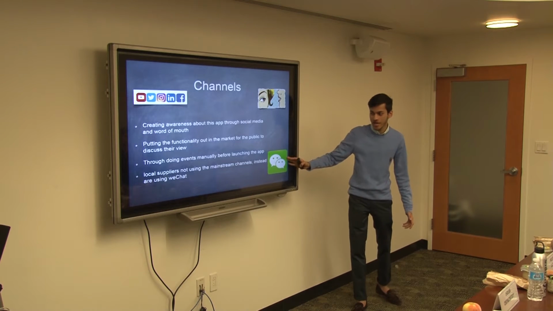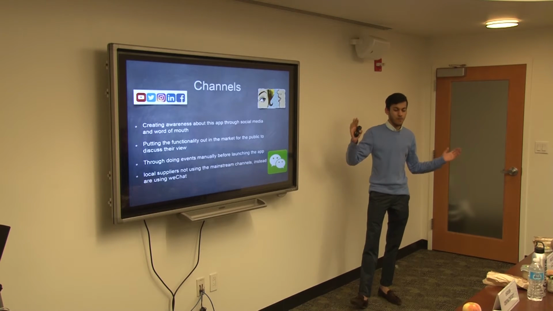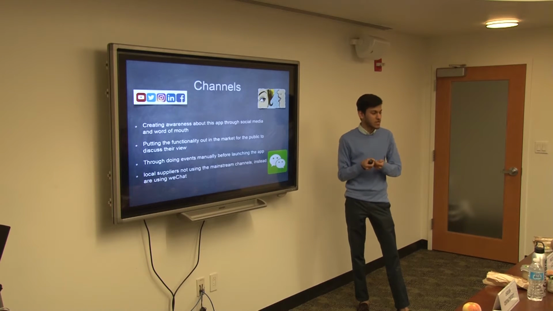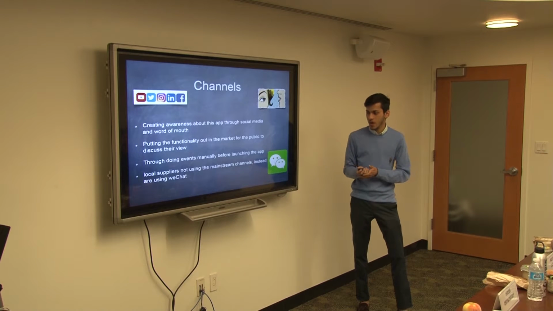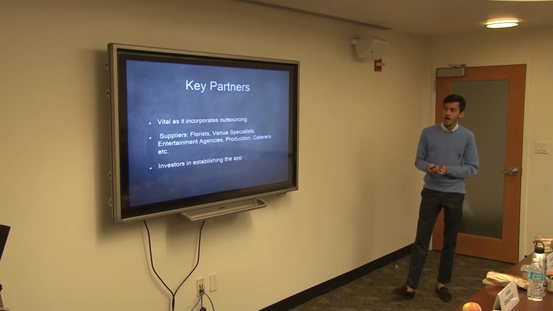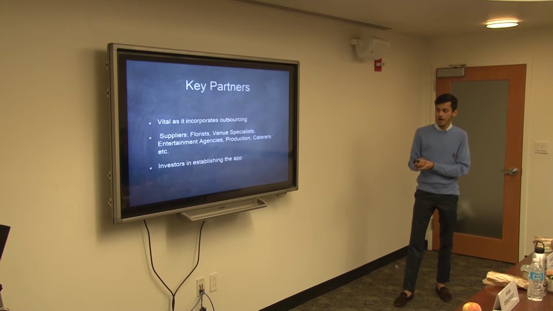They have WeChat, which is very much based in mainland China, where a lot of customers actually contact suppliers. So I was looking into contacting suppliers through WeChat. Key partners: it's vital to have key partners like suppliers, as it incorporates outsourcing.